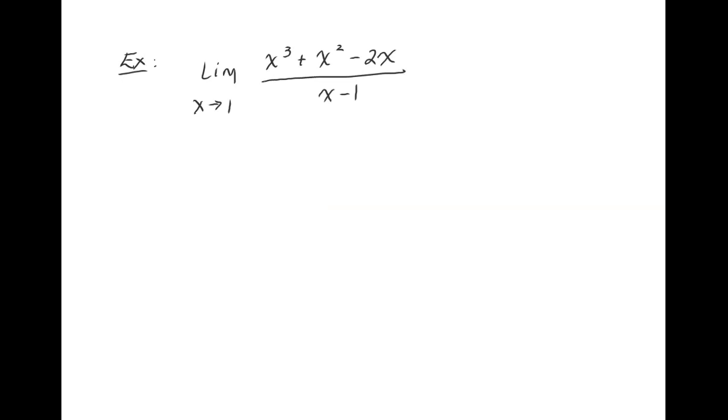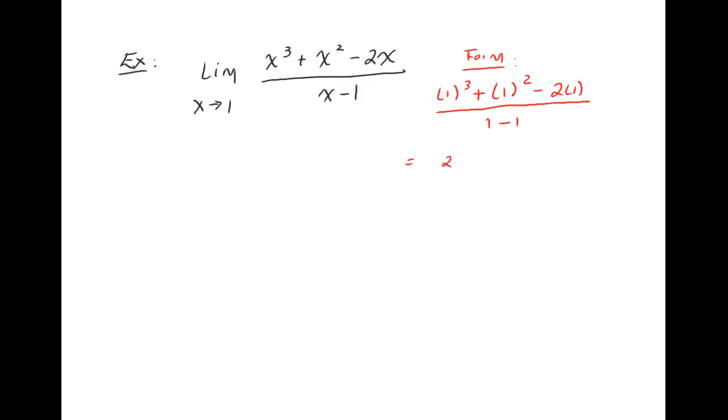Okay, first thing I want to figure out is what's the form? Can I directly evaluate? Let's plug in 1 for x. 1 cubed plus 1 squared minus 2 times 1 divided by 1 minus 1, which is equal to 1 cubed is 1 plus 1 squared is 1.